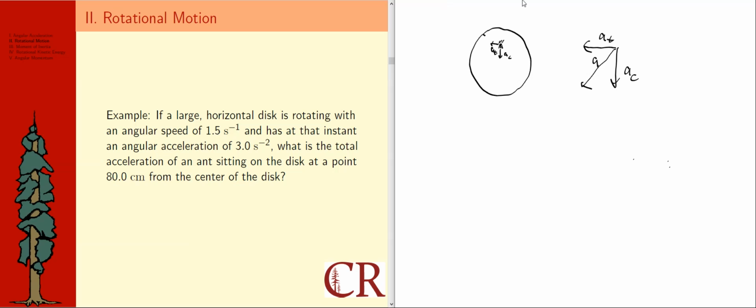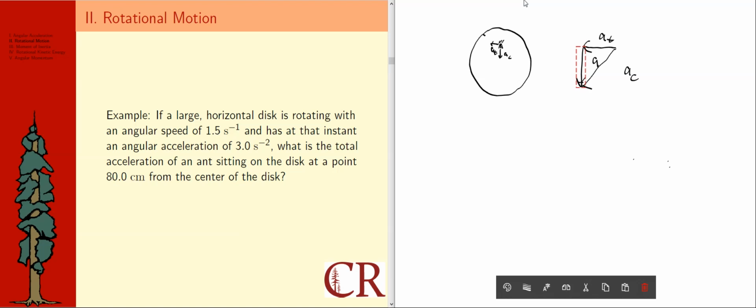In other words, if I take this centripetal acceleration vector and move it so I'm doing head to tail vector addition, then the total acceleration really is just the sum of those two head to tail.